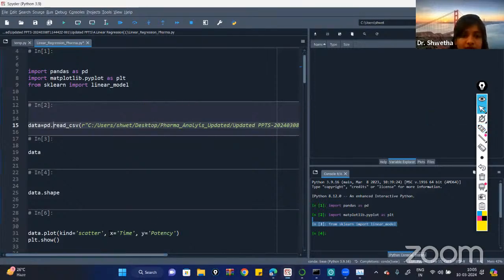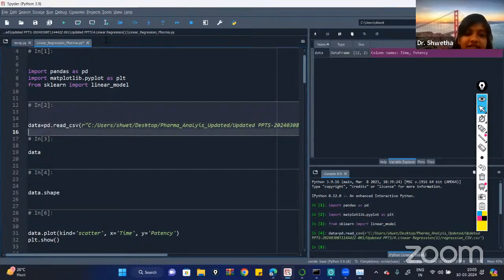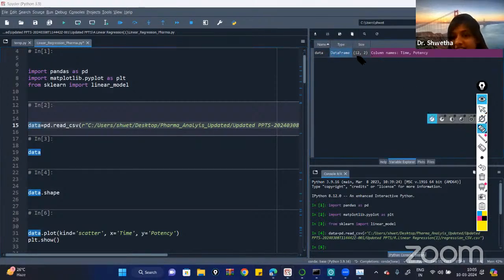Now, I'm reading the data. The data which was in the CSV format will be read and stored into the data frame called data. So this is our data. This is of data frame type, and this is the size.